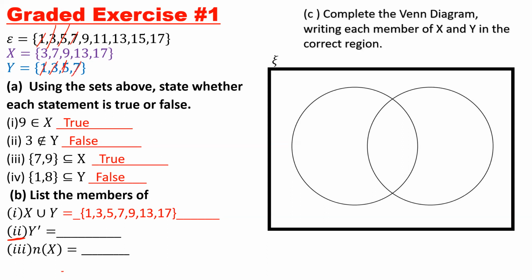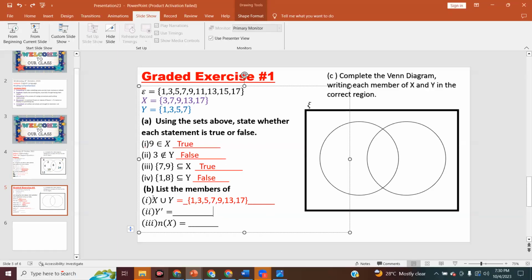For Y prime, for Y complement, we do not want any of the elements in Y, so we remove them from the universal set. What elements are we left with? 9, 11, 13, 15, and 17. So that is going to be Y prime or Y complement.